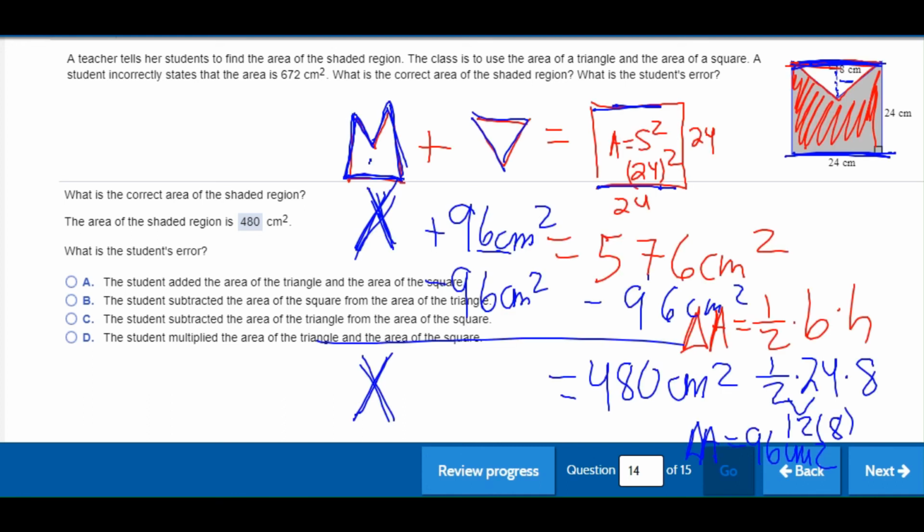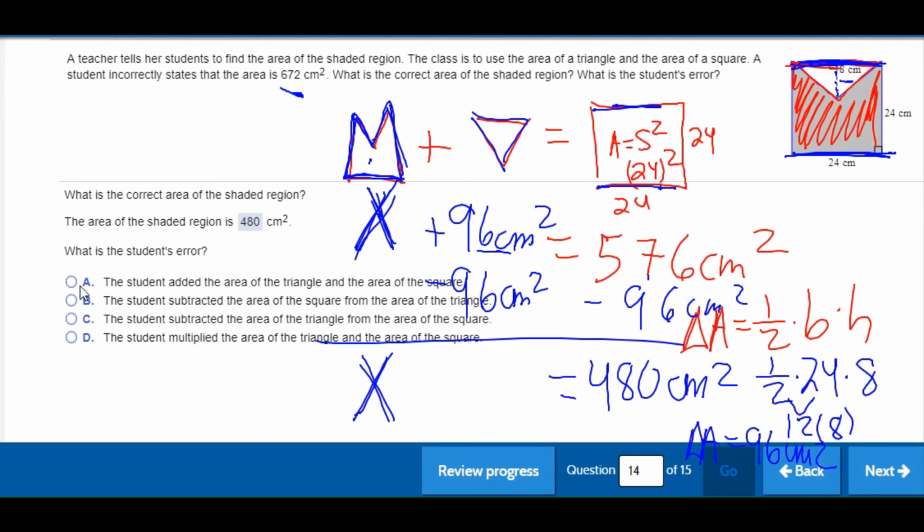So if we look at this question A, the student added the area of the triangle and the area of the square. So if we look at this, the area of the square, the area of the triangle is 96. And if we add that to 576, we end up with this 672. So that's exactly what the student did.